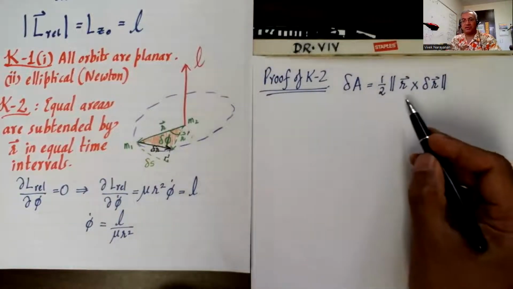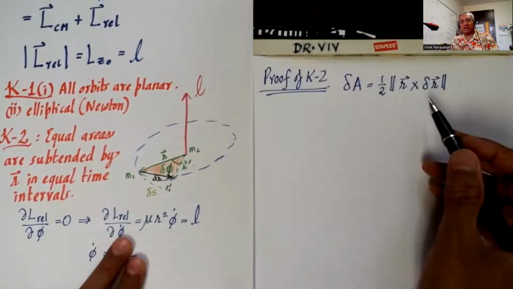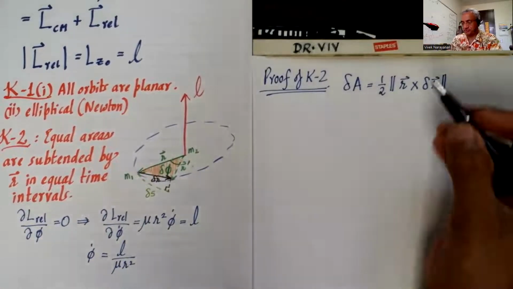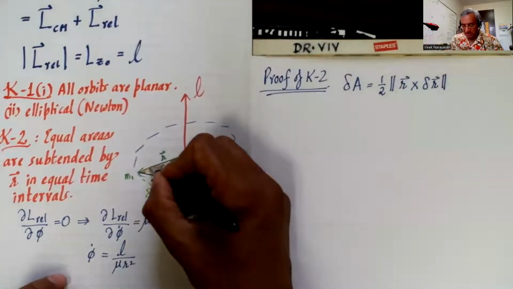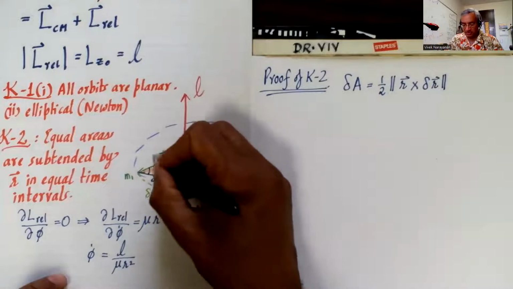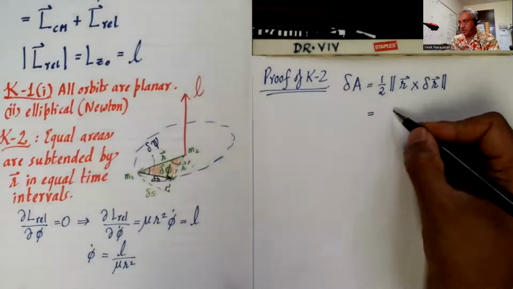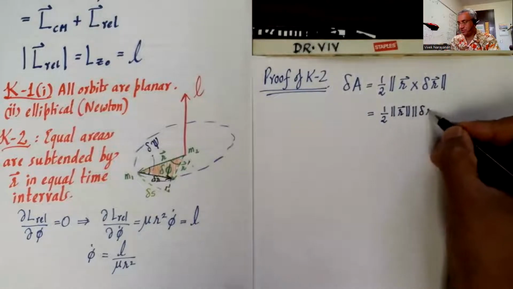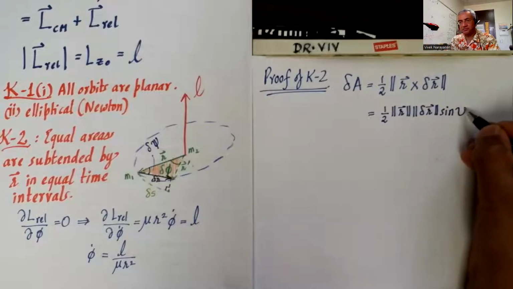The geometric meaning of the cross product is that it's the magnitude of the one times the magnitude of the other times the sine of the angle between the two. The angle between r and delta r is this angle, so I'll call this delta psi. So this is going to be half the magnitude of r times the magnitude of delta r times sine psi.